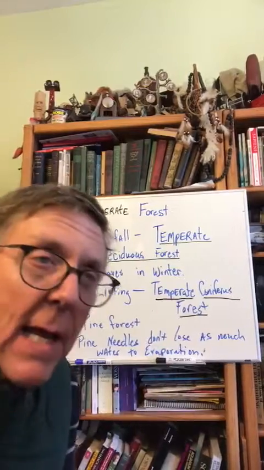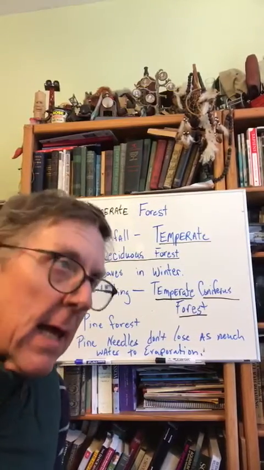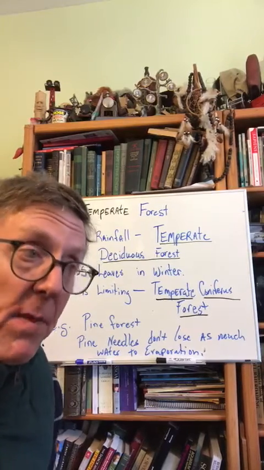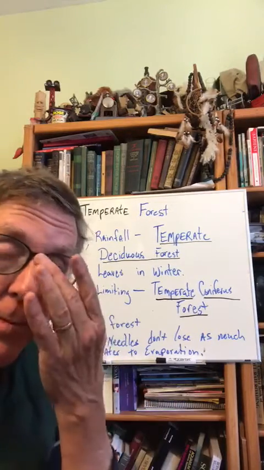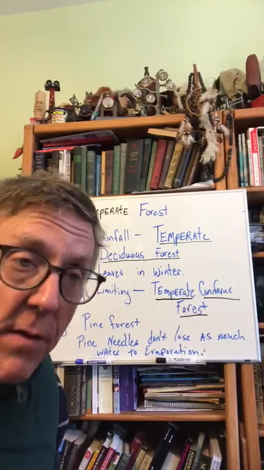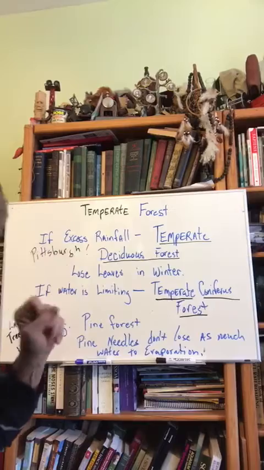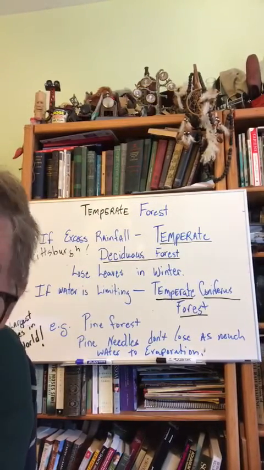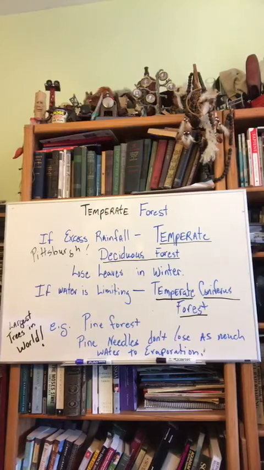The Mediterranean climate, they only get rain in winter. And we had said that we have these fire adapted plants that tend to keep the forest from moving into these areas.